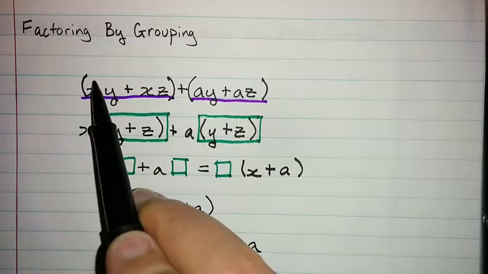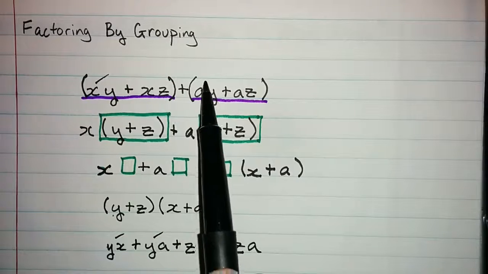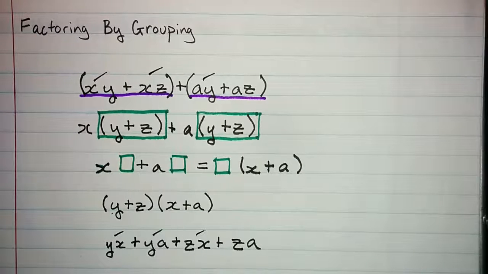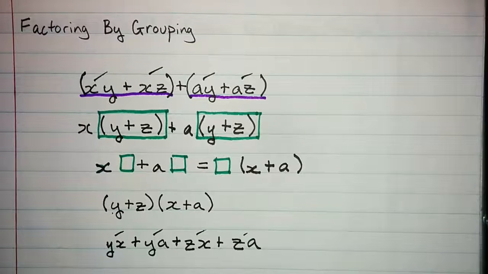But y times x, that's the same as x times y. Y times a, that's the same as a times y. Z times x, that's the same as x times z. Z times a, that's the same as a times z.